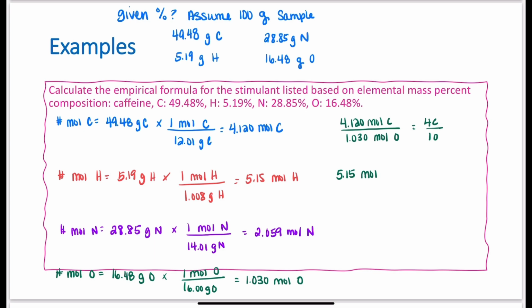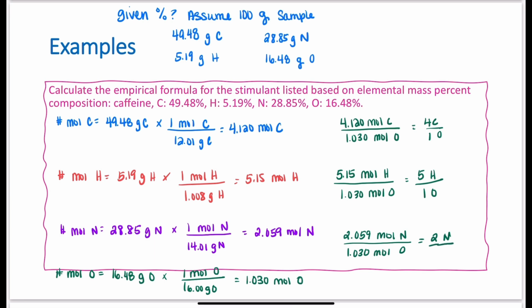Hydrogen, 5.15 moles of hydrogen to every 1.030 moles of oxygen gives me a number of 5. So 5 hydrogens to every 1 oxygen. Again, that's an oxygen, not a 10. And nitrogen, 2.059 moles of nitrogen to every 1.030 moles of oxygen gives me a value of 2.